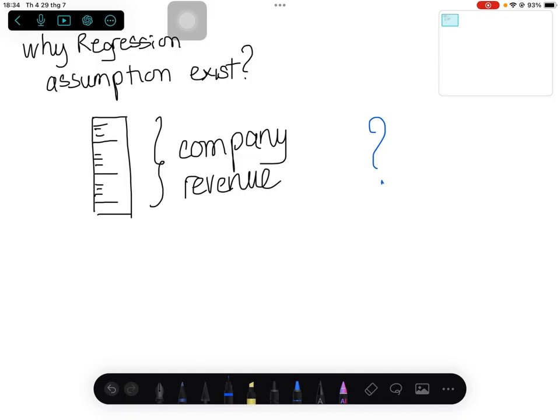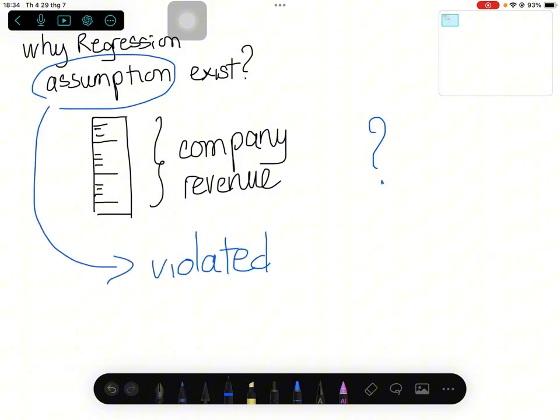The regression coefficients themselves may still be close to the truth, but if the assumptions are violated, the statistical tests surrounding those coefficients can become misleading. And that's the dangerous part. Because investment decisions are rarely based only on the estimated coefficients, they are based on questions like: is this variable statistically significant?